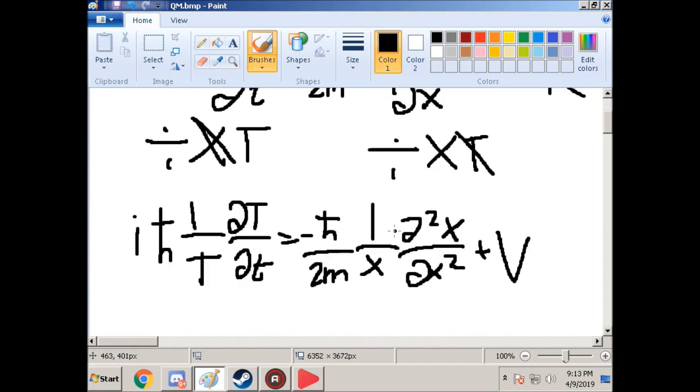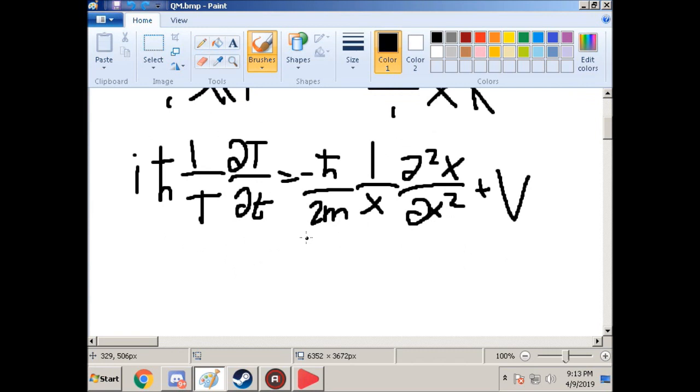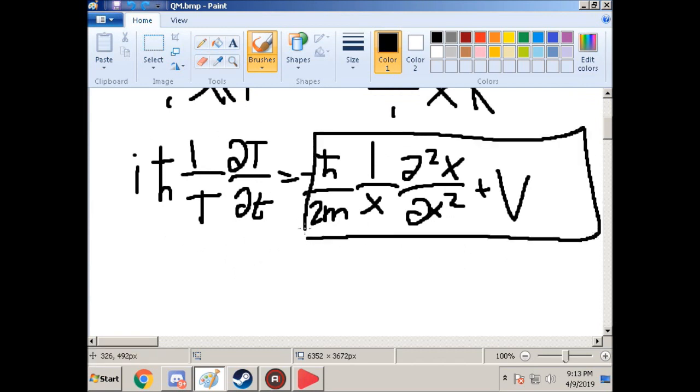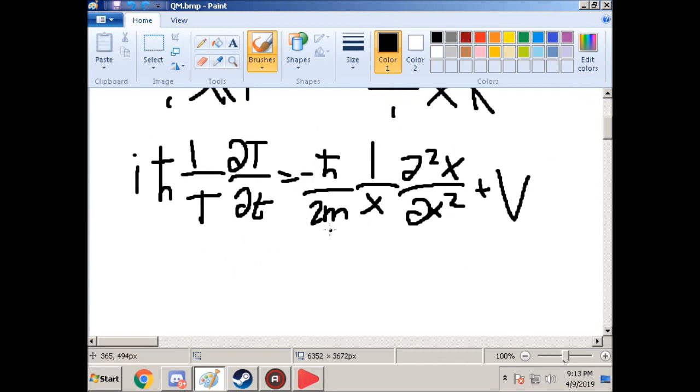Okay, so let's notice something here. This right hand side is a function only of x, right? Because these capital X's here are functions of x, and there's no other variable in this right hand side except for x, so this right hand side is a function only of x.